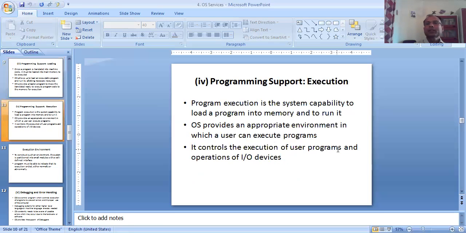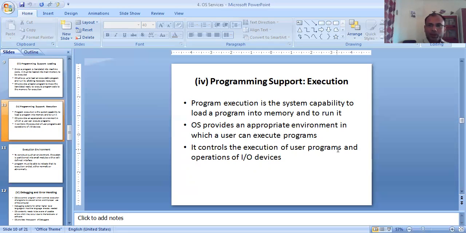Okay, so next, programming support includes the execution. Execution in the sense, later we will study in the instruction execution cycle how this execution will be performed.